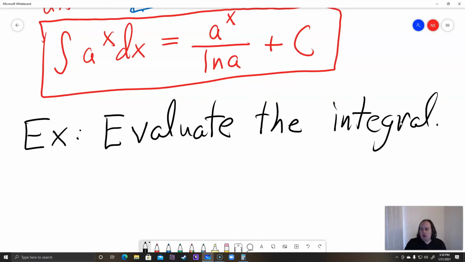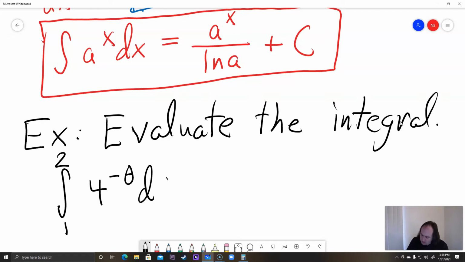So what we have here is the integral from 1 to 2 of 4 to the negative theta d theta.